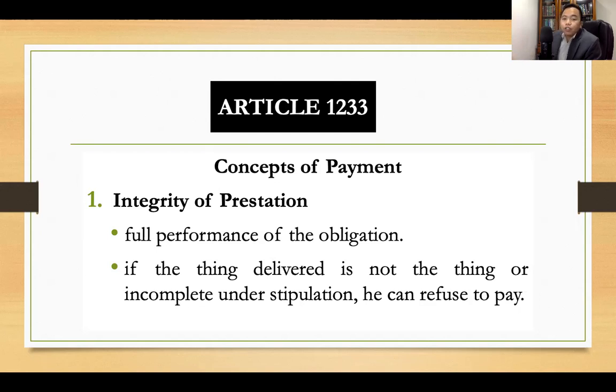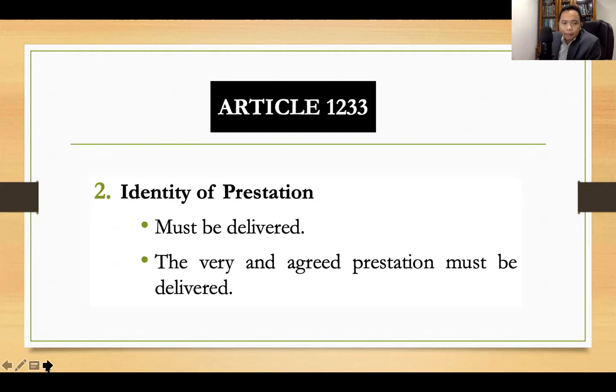If the thing delivered is not the thing, or if what has been delivered is incomplete under the agreement or what has been stipulated by the parties, then the creditor can refuse to accept the payment. Take note of that. That means integrity of the prestation. When you say integrity of the payment, that means that performance must be in full. Delivery must be complete.